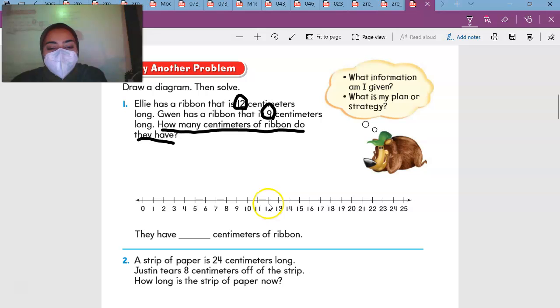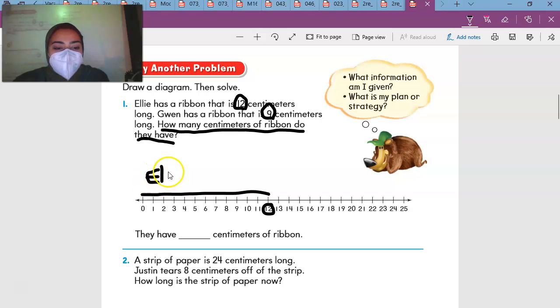So I'm starting at 12 because this is how much Ellie has from here to here. Draw that line from 0 to 12 and then write Ellie on top. This is how you show your work. You're showing this is the length of Ellie's ribbon. And then now we're going to add 9 more.